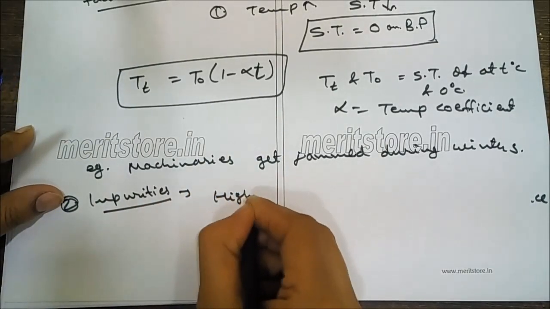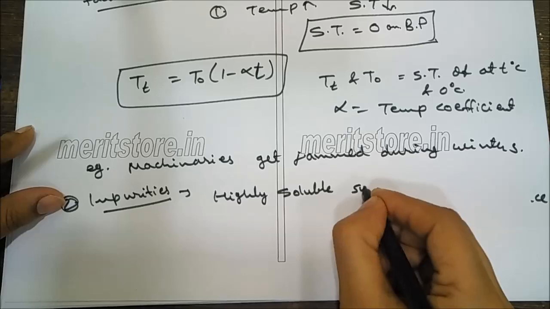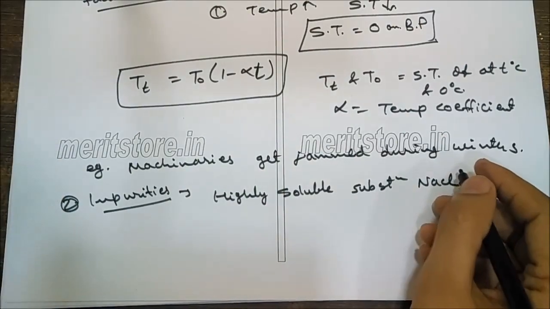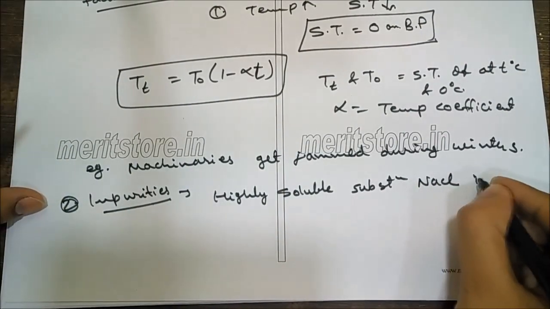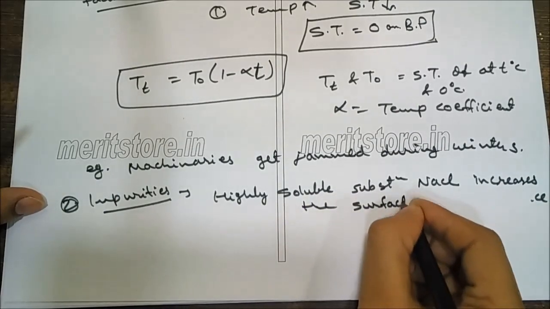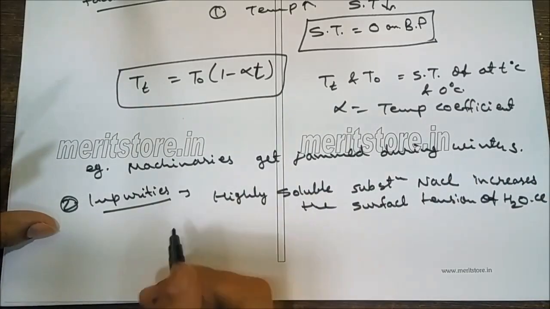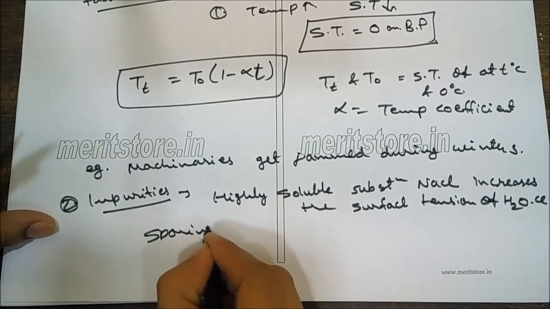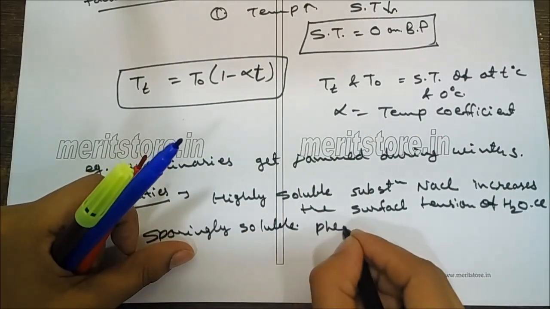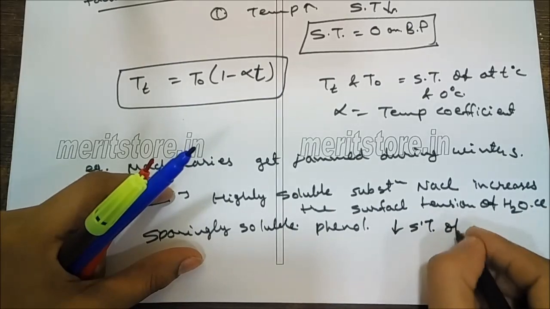Highly soluble impurities or substances like sodium chloride increase the surface tension of water, while sparingly soluble substances like phenol decrease the surface tension of water.